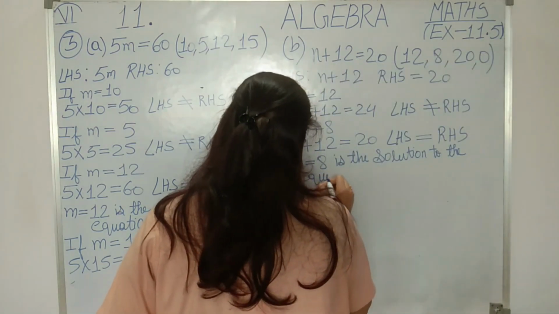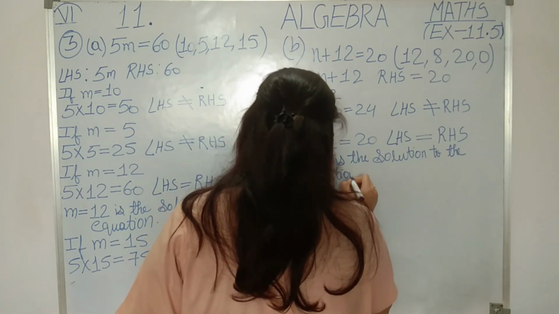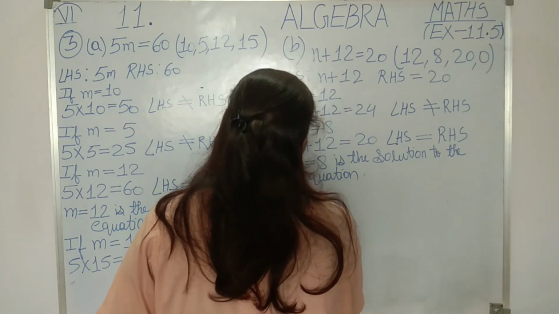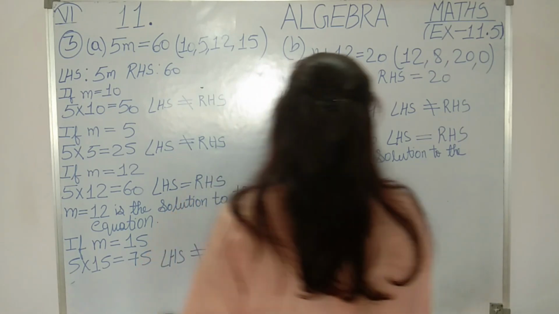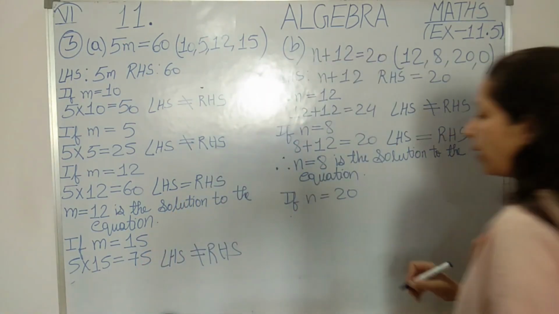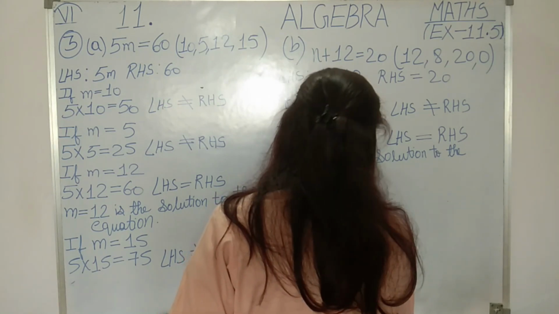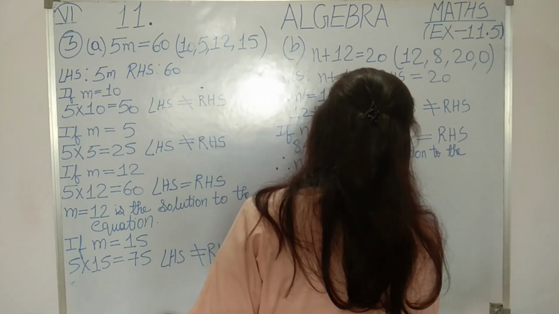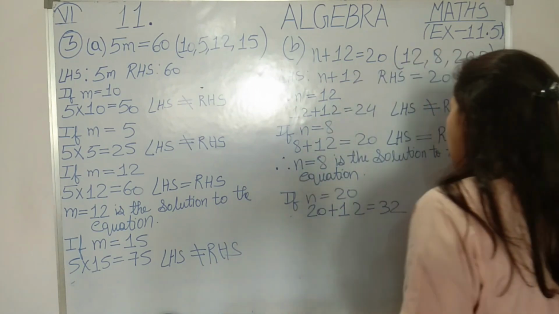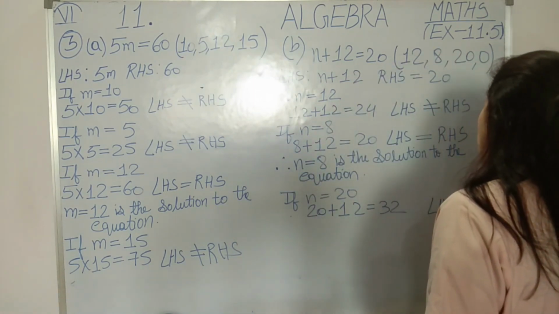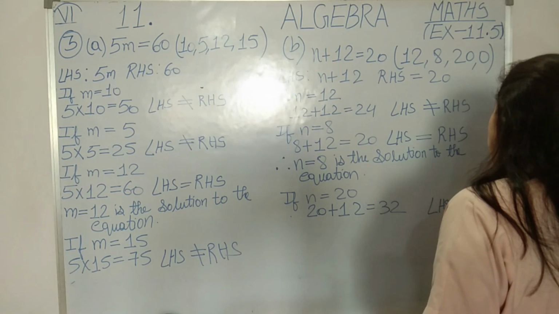Okay, next two more values are there. We have to test with each value. So if n is equal to 20. Now students, the value of n is 20. So n plus 12 means 20 plus 12 will give us 32. So LHS is not equal to RHS. Okay.